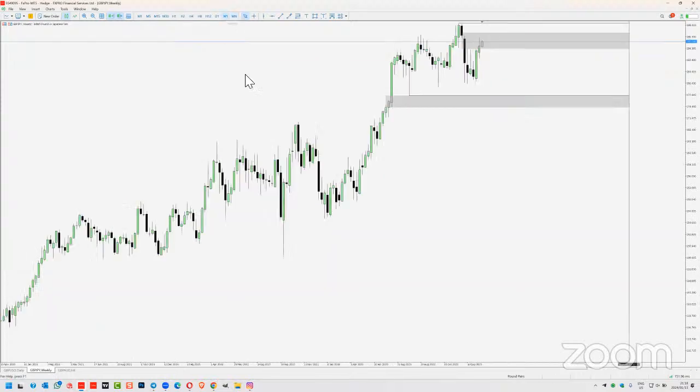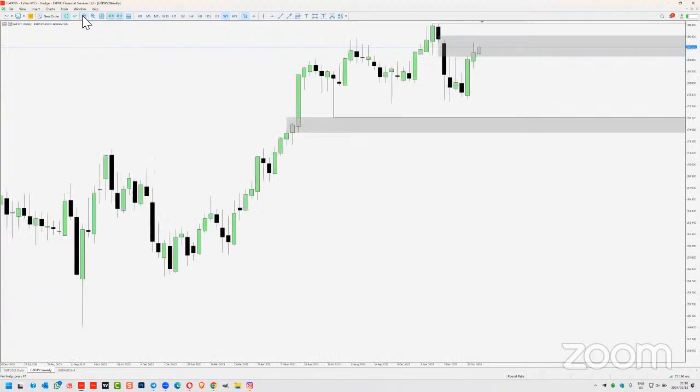So when we go now to our weekly chart, right? So this is our weekly chart. Okay, let me just close there. So taking note of the levels that I've marked on the monthly chart, we still have our fair value gap here.